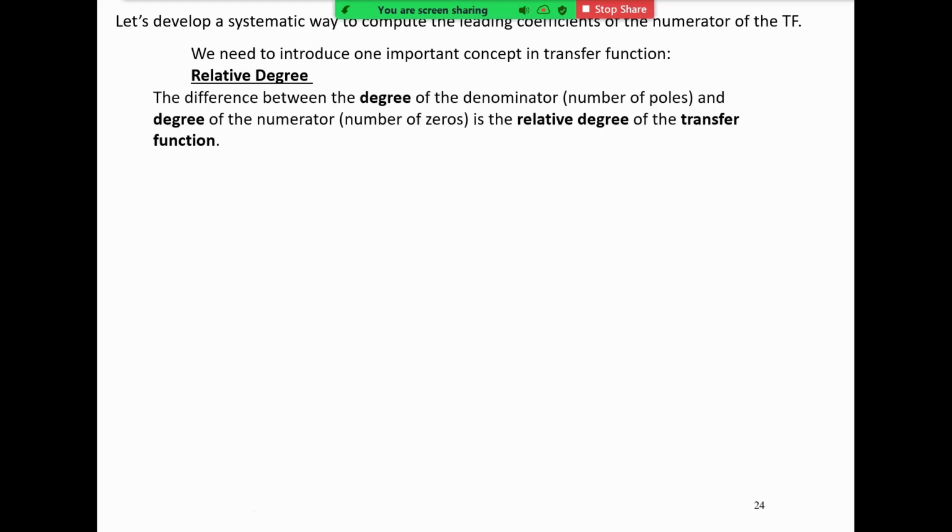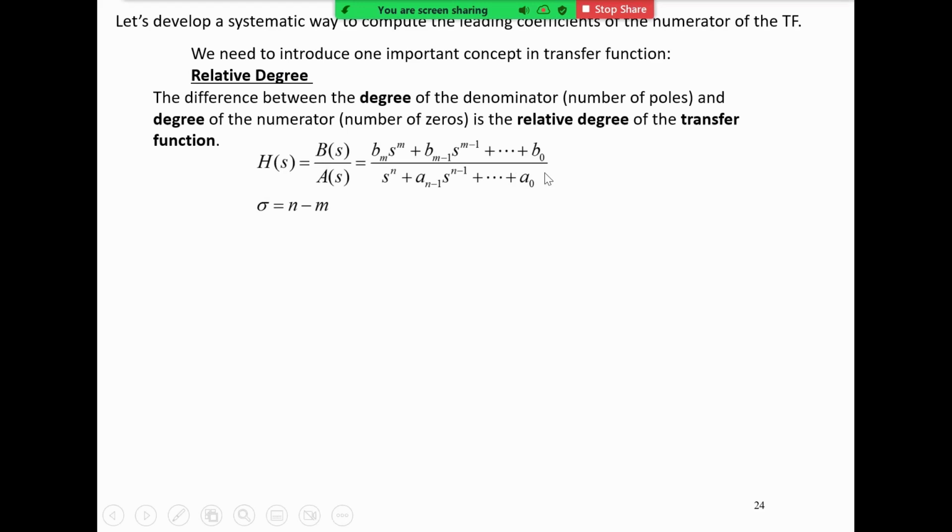We know that the transfer function can be expressed as a numerator over a denominator. The numerator is a polynomial, the denominator is another polynomial. We know the degree of those polynomials: in the denominator it is n, for the numerator the degree of the polynomial is m.